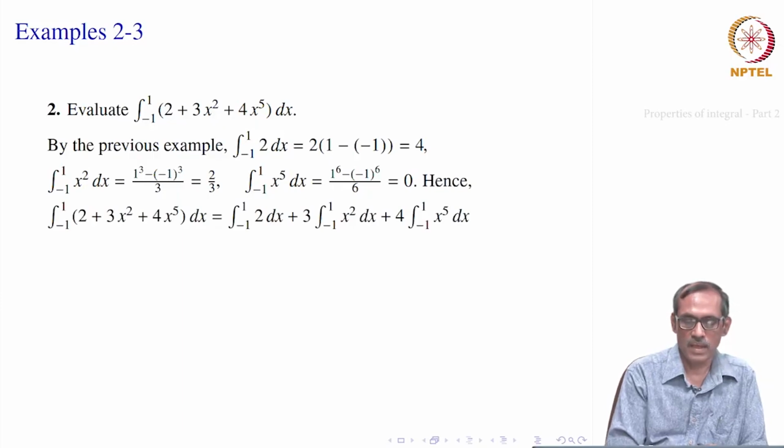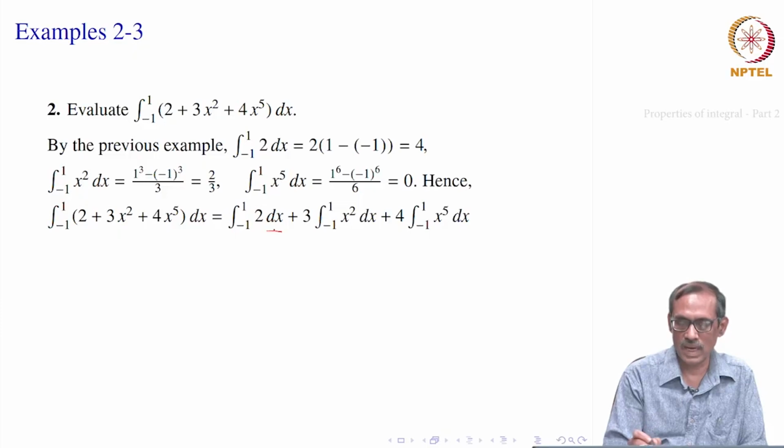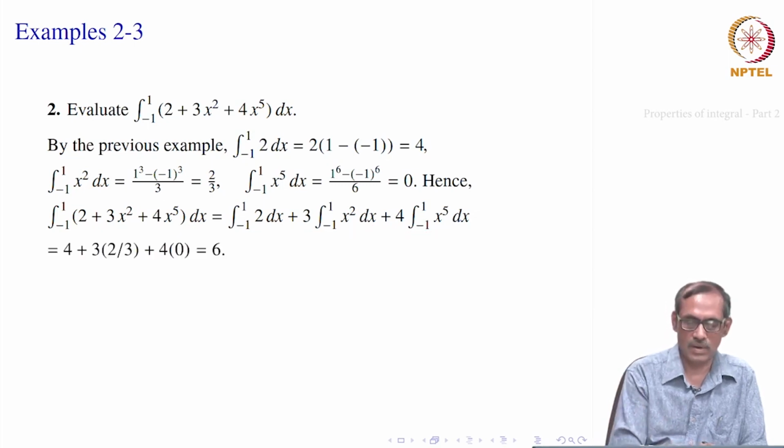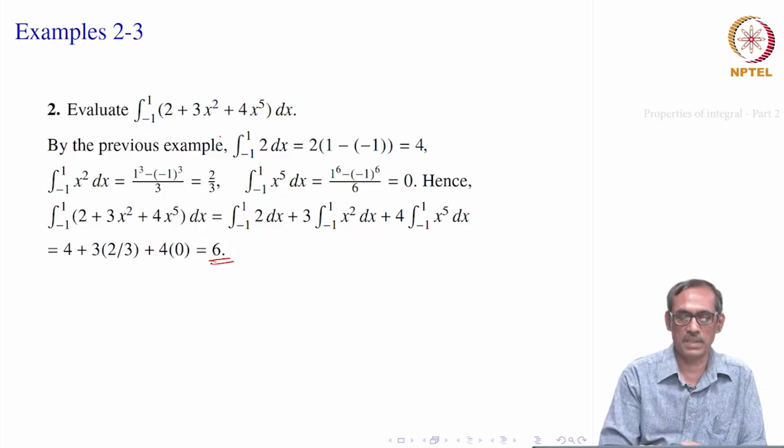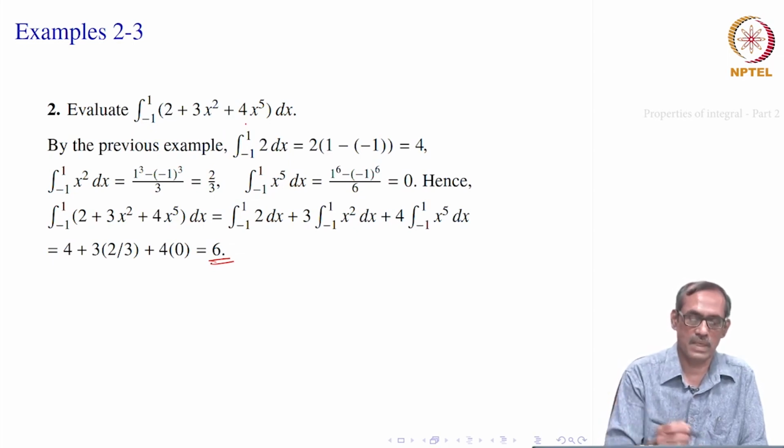Okay. So, our integral will be this integral plus 3 times, because of property 2, plus 4 times this integral, and now it is easy to simplify and see that the answer is 6. So, now you see how the properties help us in integrating a polynomial if you know how to integrate the powers x to the power n.